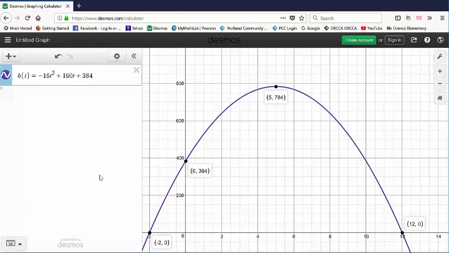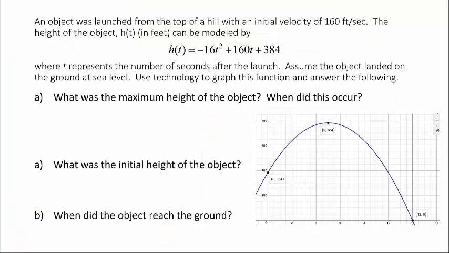So let's take this information and answer the questions that we were asked. So we were asked, what was the maximum height of the object and when did this occur? First of all, we know what the maximum is and we need to take note of what the output and what the input represent. The input represents the number of seconds after the launch, right? So that answers the question of when did it occur. And the maximum height itself is 784, the y value or the output there.